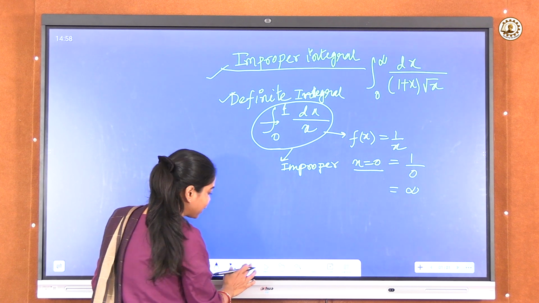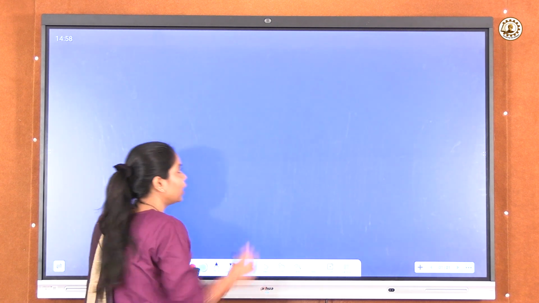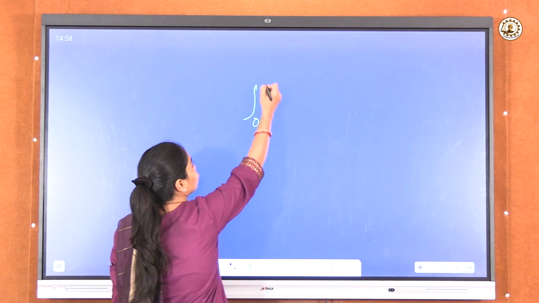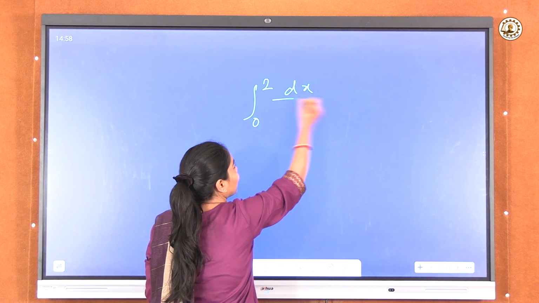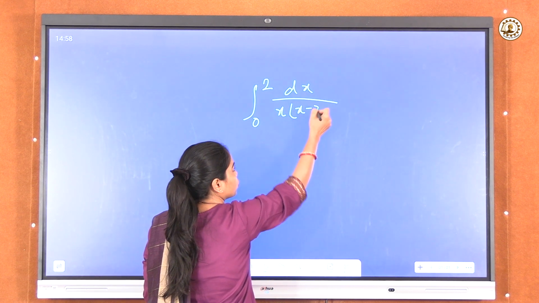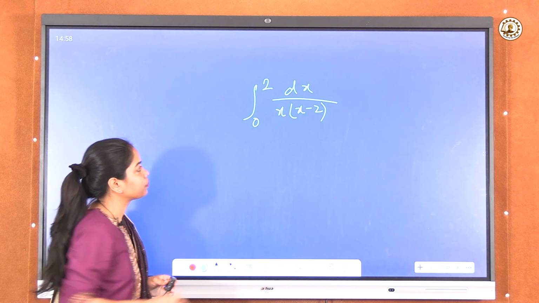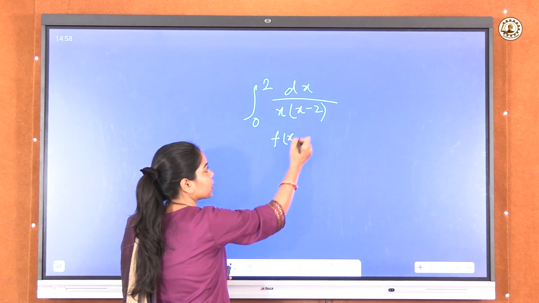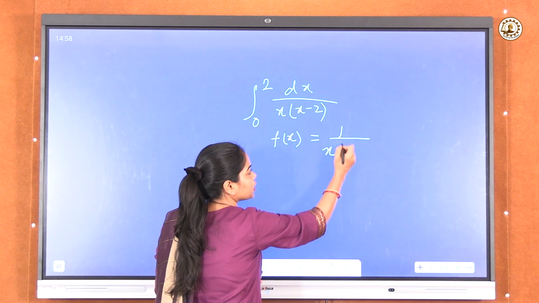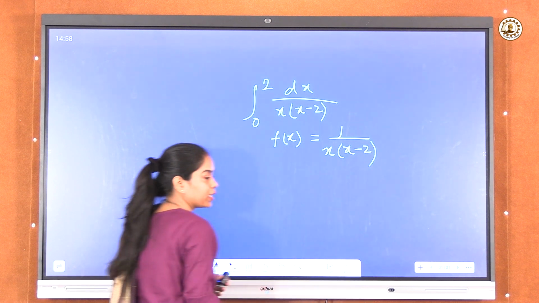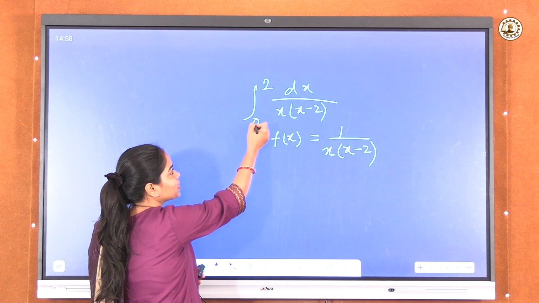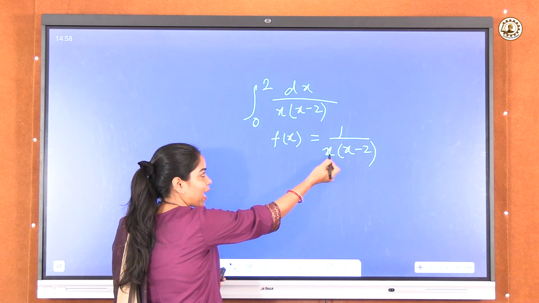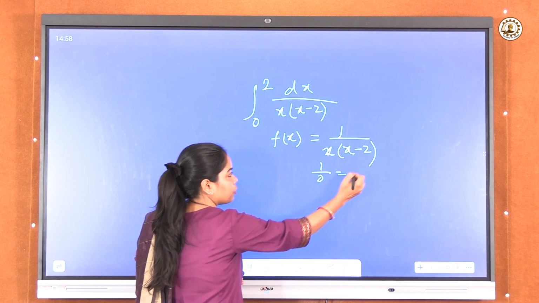Okay, let us take another example. Let the integral be 0 to 2 dx by x into (x minus 2). Here our function f(x) is 1 by x(x minus 2). If we put the lower limit 0 in place of x, this will be infinite.